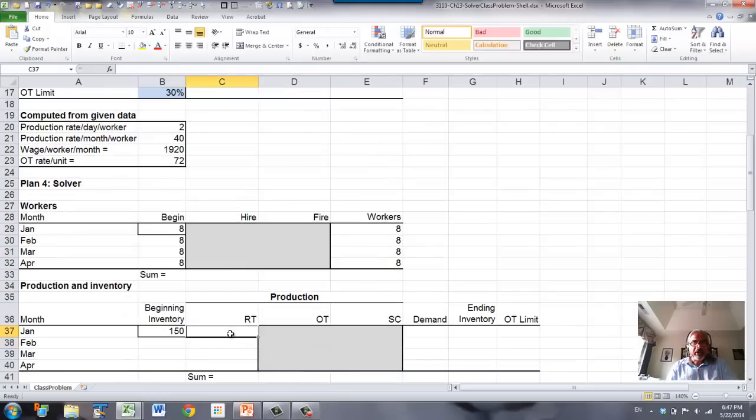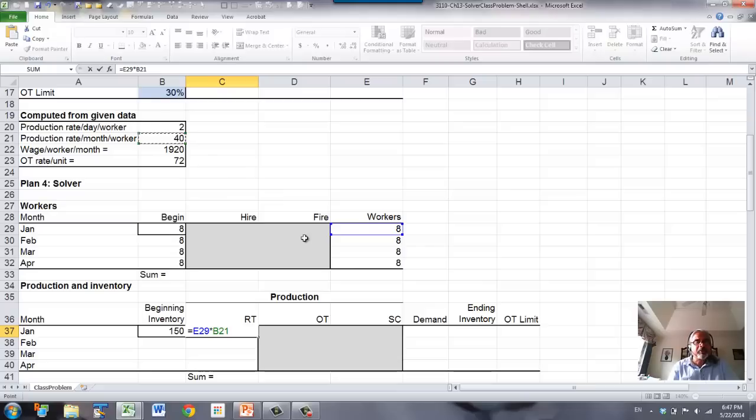Okay. Now regular time production is going to come directly from the number of workers we have. So number of workers multiplied by production rate per month per worker, which is here. Now the production rate per month should always be B21, so we have to press the F4 key and make it absolute reference, $B, $21.